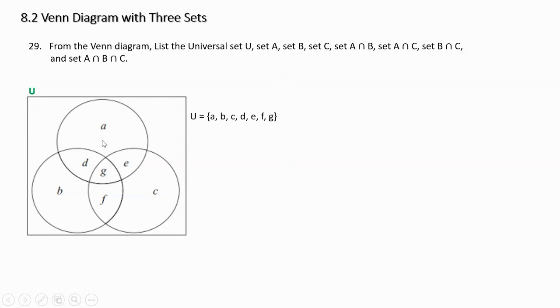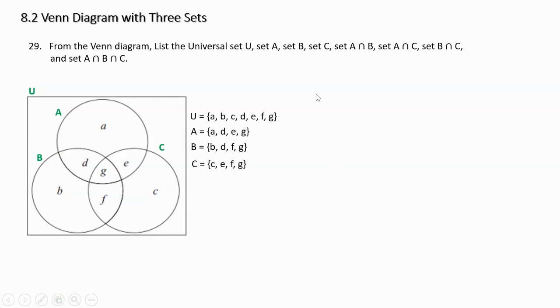Now, set A will be A, D, E, G. Set B is going to be B, D, F, G. And finally, set C will be C, E, F, G.